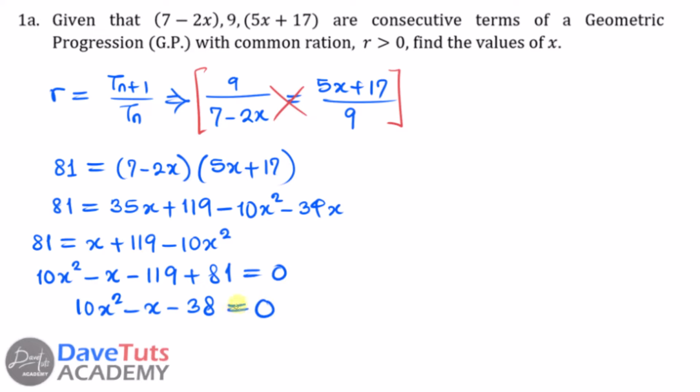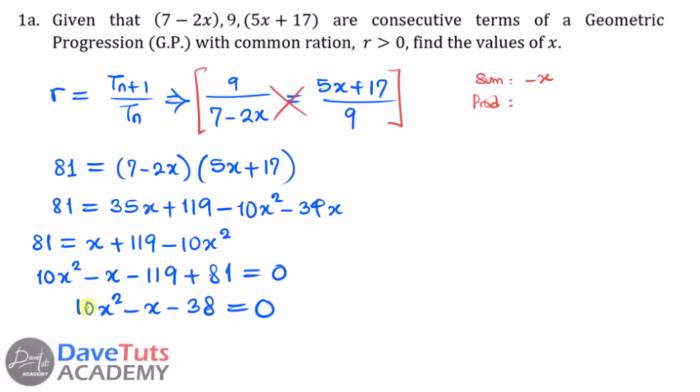So now we have this quadratic equation that we want to solve, and the calculator can be a quick shortcut, but let me just do this. Let me say I have a sum and I have the product. The sum is the middle term, which is minus x.